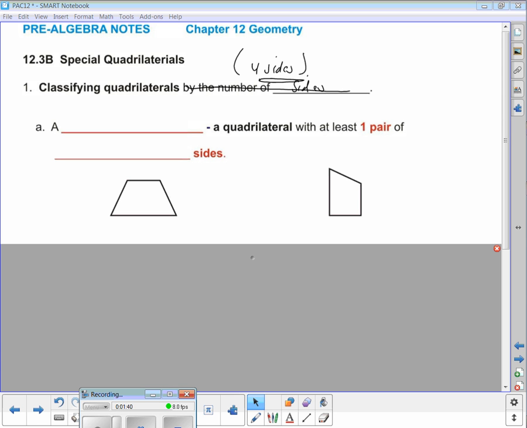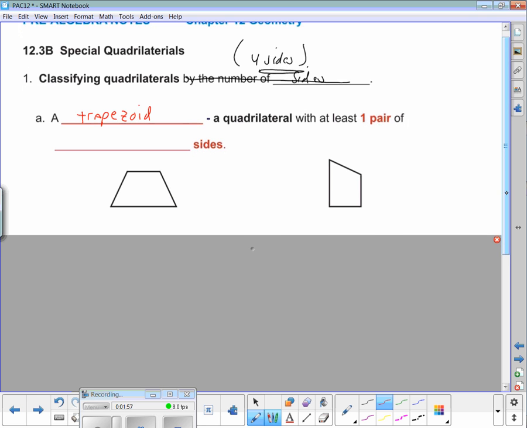Nick? They are trapezoids. T-R-A-P-E-Z-O-I-D. Trapezoid. It is important that you learn how to identify your shapes and how to name them. And that is a trapezoid.